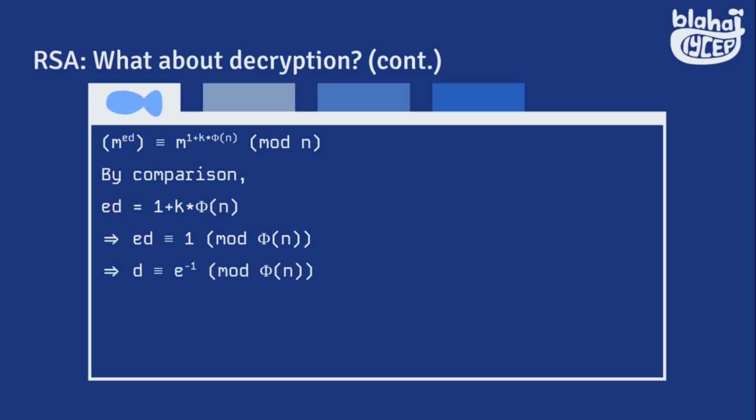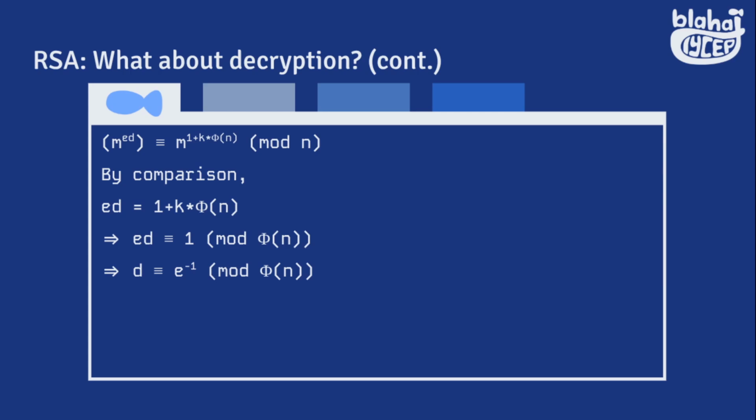Since e times d is congruent to 1, if we want to quote-unquote divide both sides by e, or in modular arithmetic, we want to multiply both sides by the modular inverse, we can multiply both sides by the modular inverse of e to get d is congruent to e to the power of -1 modulo phi of n.